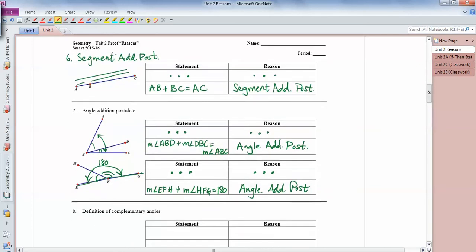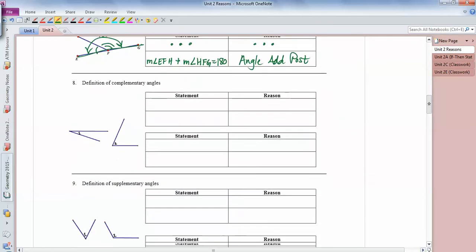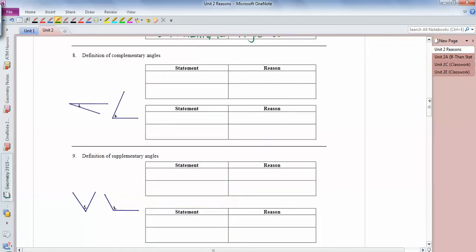Okay, so let's look at 8, definition of complementary angles. All right. So complementary angles, the way this occurs in a proof is, well, let's say you're given info or at some point you figured out that angle 1 and angle 2 are complementary angles. For whatever reason.